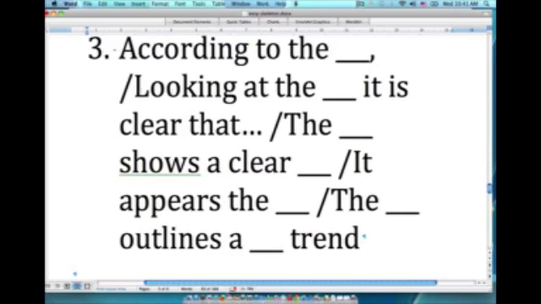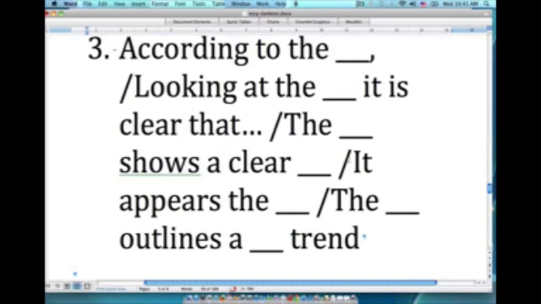Or perhaps looking at the chart, looking at the diagram, it is clear that, and then whatever, or maybe even it is not entirely clear that, depending on what kind of information you're given. The diagram shows a clear, and then whatever, or the chart shows a clear growth over the period of 6 months, or the table shows a clear cyclical pattern if you're talking about a bus timetable.